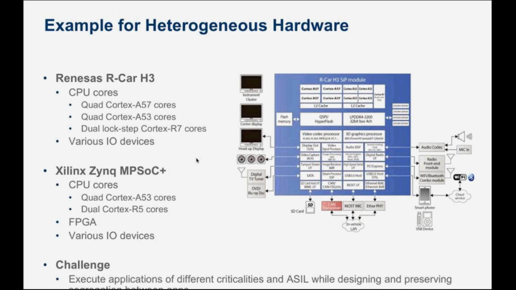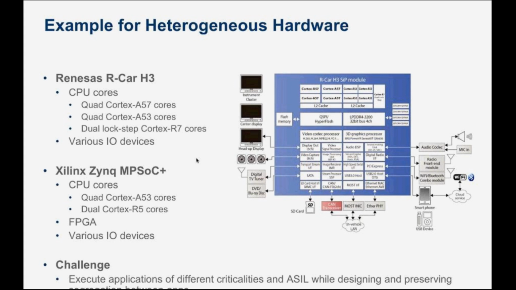An example of these SoCs that I see are widely used at our customers is the Renesas R-Car H3, and you already see with 4 Cortex A57 and 4 A53 cores, it's quite a big and powerful SoC. The Xilinx Zynq MP SoC is also quite well used. It also has 4 A53 cores, so quite performant systems.